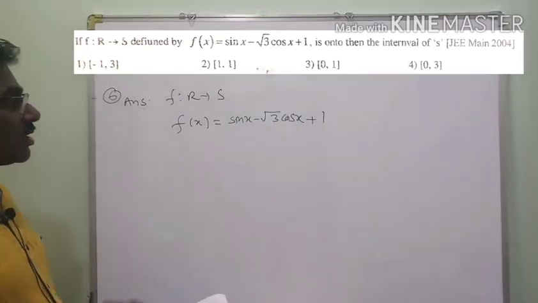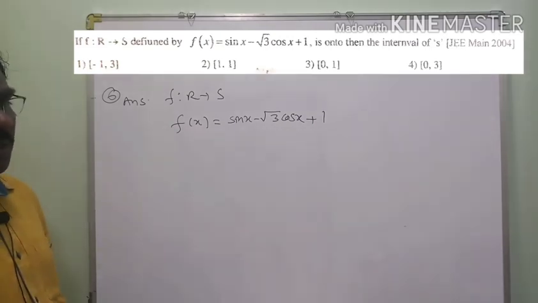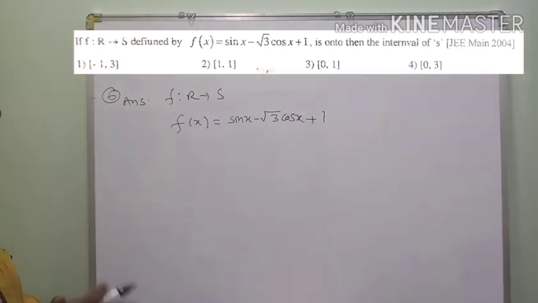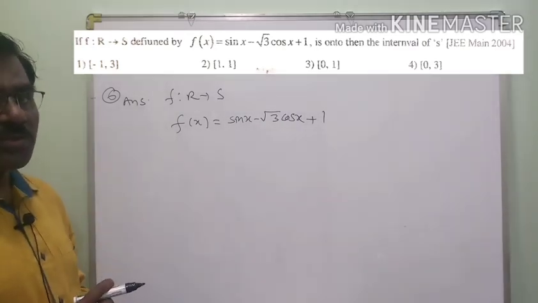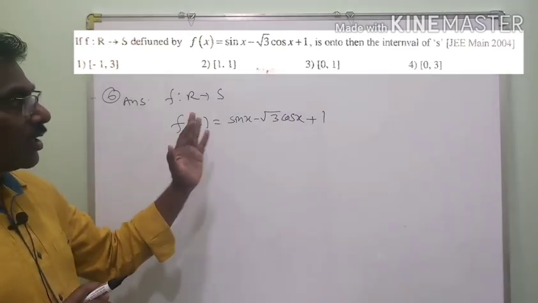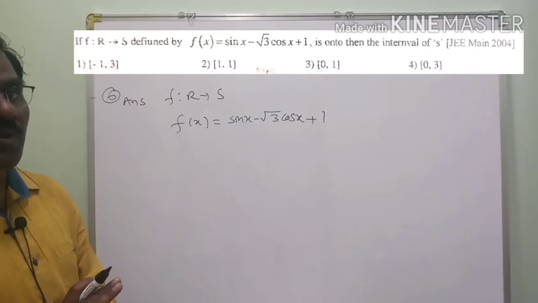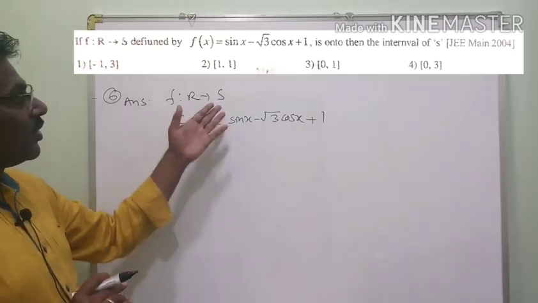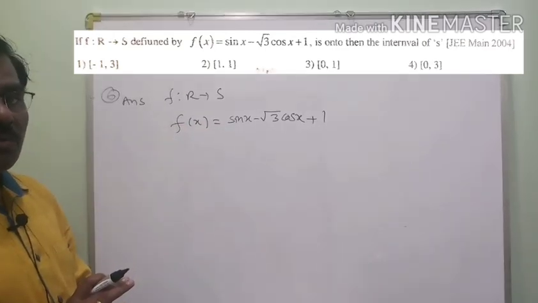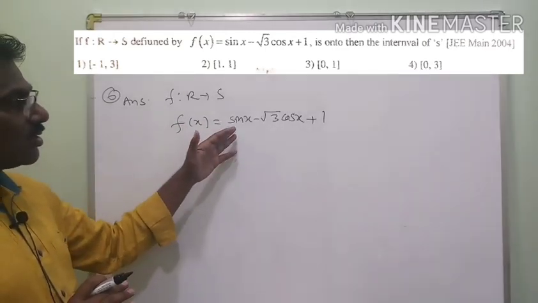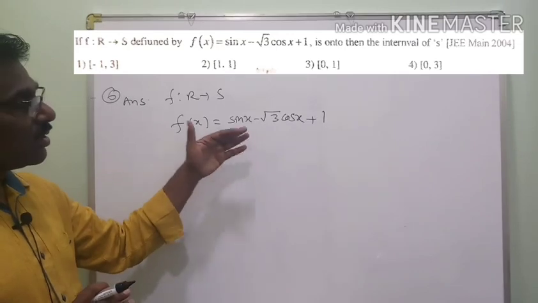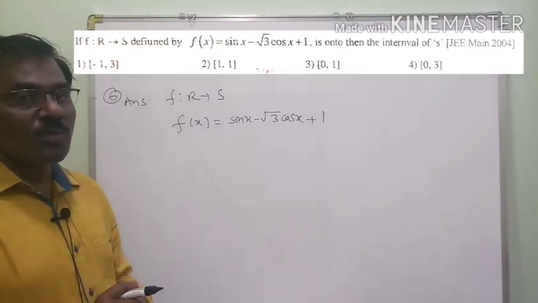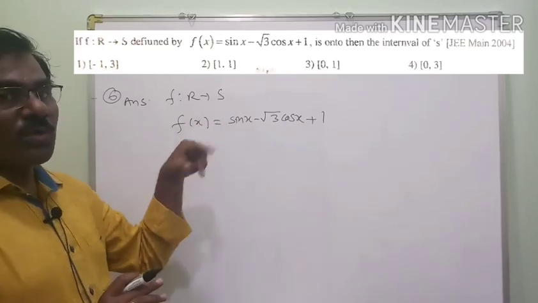The interval of S is asking codomain, range. Okay, now he is already telling onto only. When you say onto, codomain equal to range. He is telling this is the onto function. Onto function means range equal to codomain, but our aim is to solve codomain.